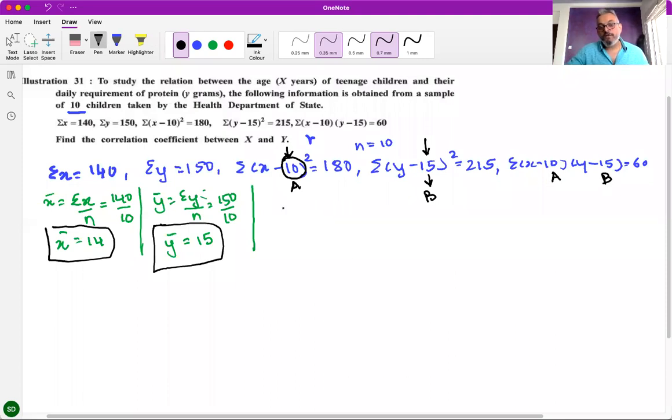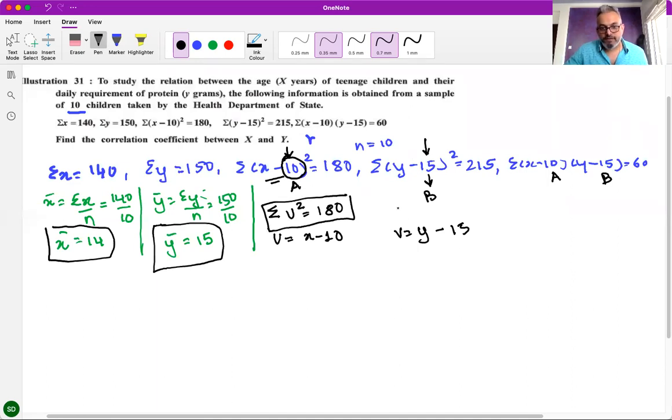Now, what do we have? We take u is equal to x minus 10 upon 1. Okay, but because it's upon 1, we don't take it. V is equal to y minus 15. So it means what? This is sigma u square, which is 180. So I underline it, make it a box.